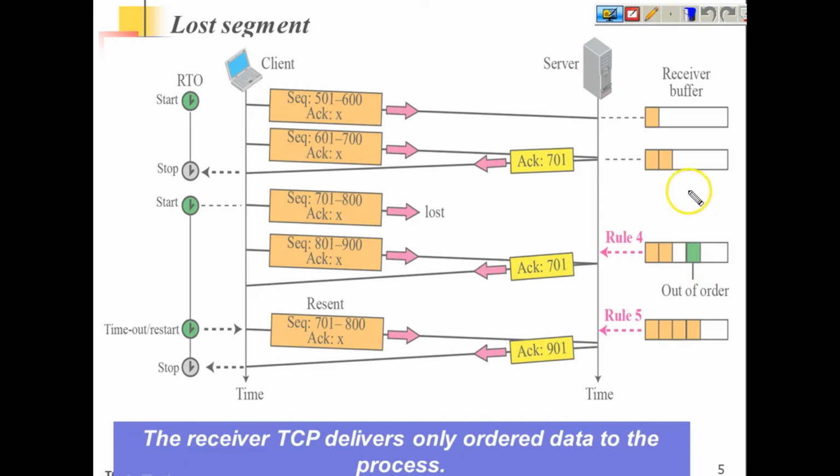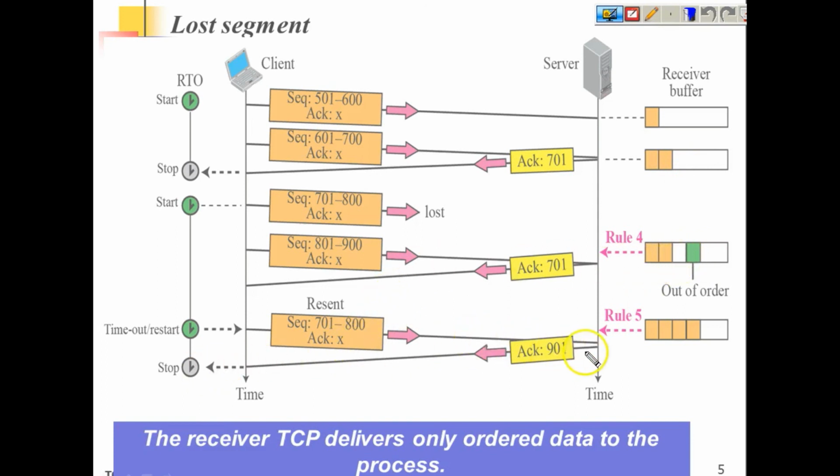The bytes will only be supplied to the process when they are in order. So only these two sequences will be supplied to the process for processing, but this set of bytes will not be supplied until they are all in order.